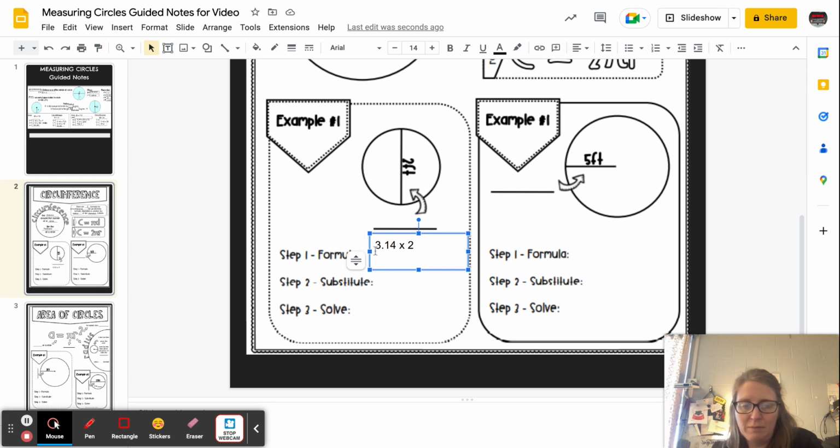So I need to put in pi times diameter. Sorry. 3.14, we can use the pi button, times diameter. And then we're going to substitute 3.14 times 2. And then we're going to solve. We're going to put in 3.14, multiply that by 2, and we get 6.28.